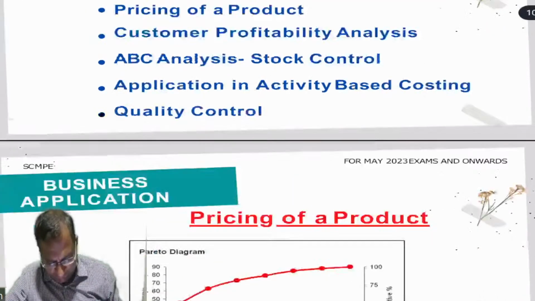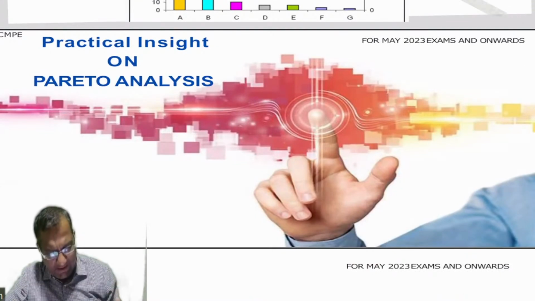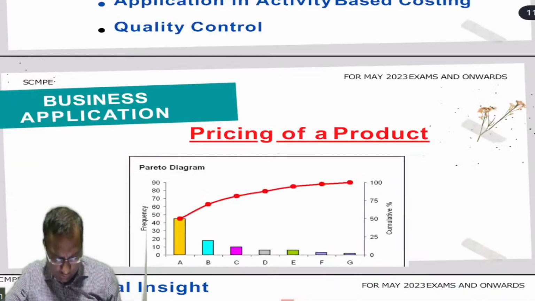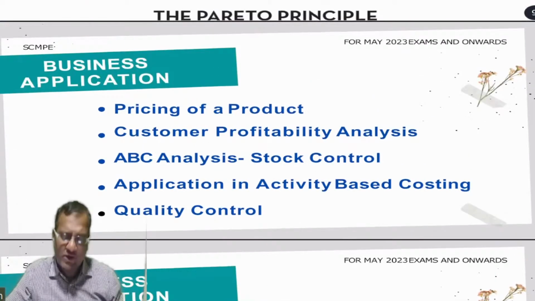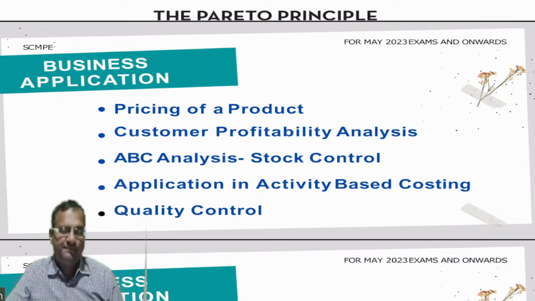So first of all, beta, let's check out a real life example, a practical insight on Pareto analysis. चलिए, तो एक काम करते हैं, अपन एक एक चालू करते हैं, उसी के साथ वो प्रैक्टिकल इनसाइट देखेंगे. So give the heading, beta, business application of Pareto analysis, and tick this as important, it is important in this chapter.